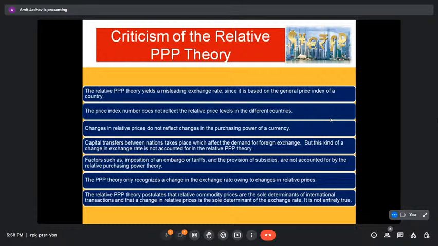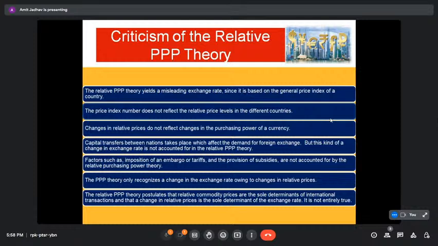Changes in relative prices do not reflect in changes in purchasing power, and similarly, capital transactions between nations take place which affect the determination of the exchange rate. But this kind of exchange rate is not acquired from the relative exchange rate.